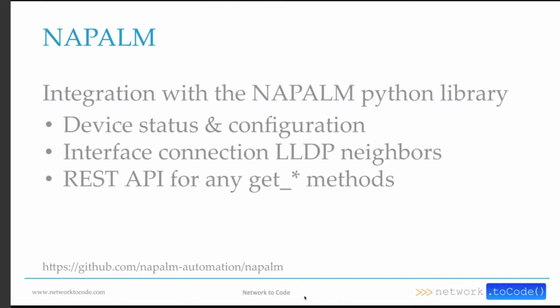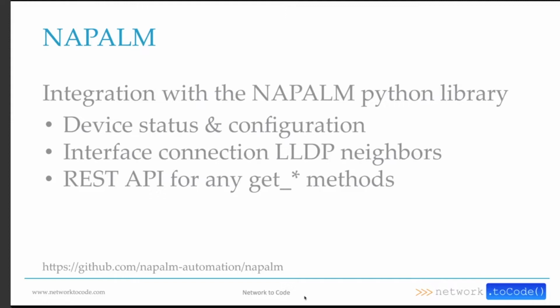I think one of the under publicized features of NetBox, two of them I've got listed here, is this interface connection LLDP neighbors feature. As many of you existing NetBox users may know, you have the ability in NetBox to model interface connections between devices.